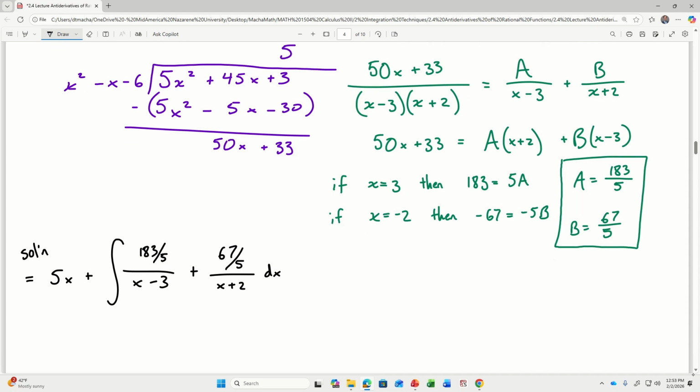I just plugged in the A and the B. What's the antiderivative of 1 divided by x minus 3? Yep. Very good. So that's how you finish it out.